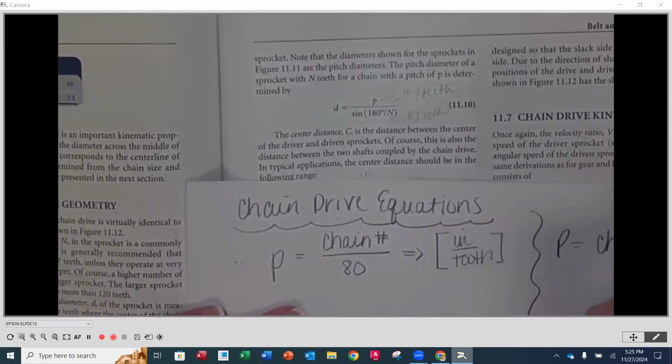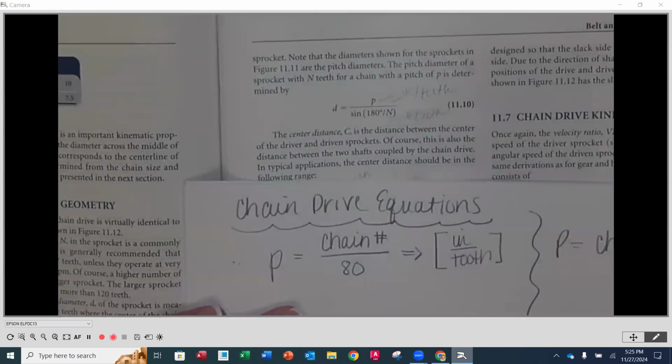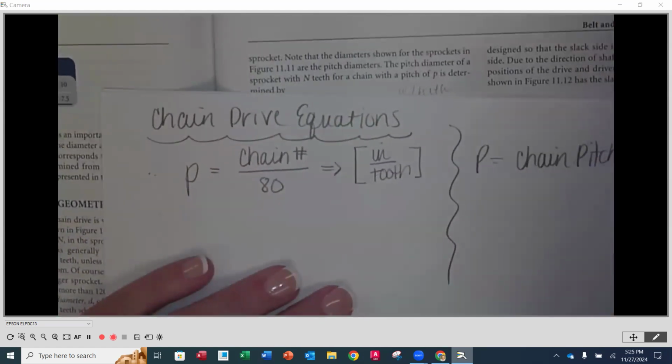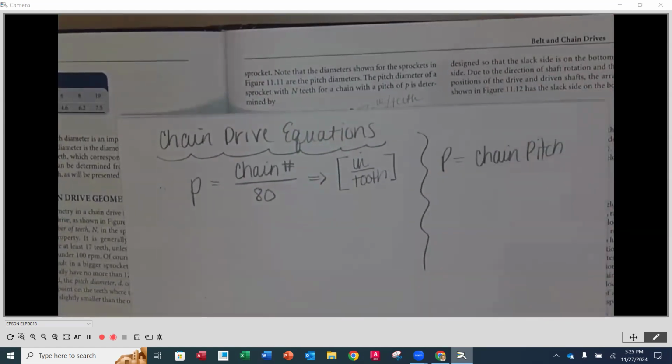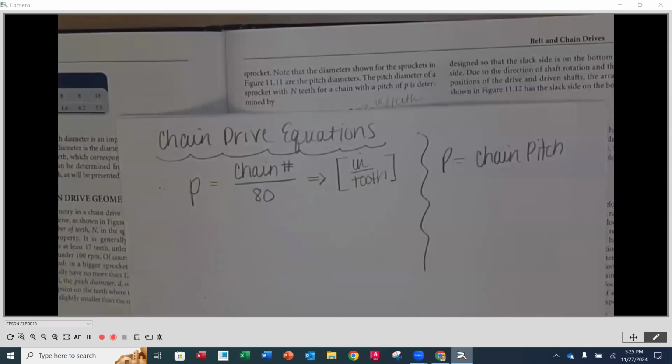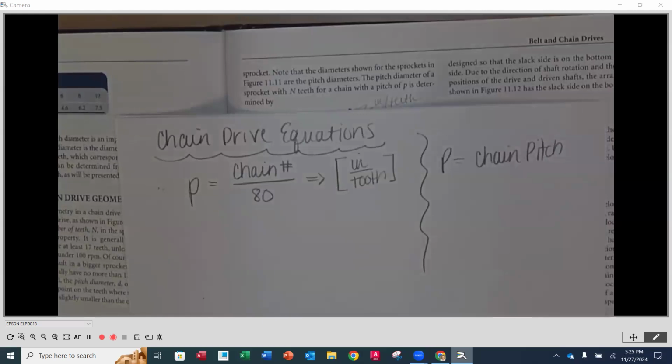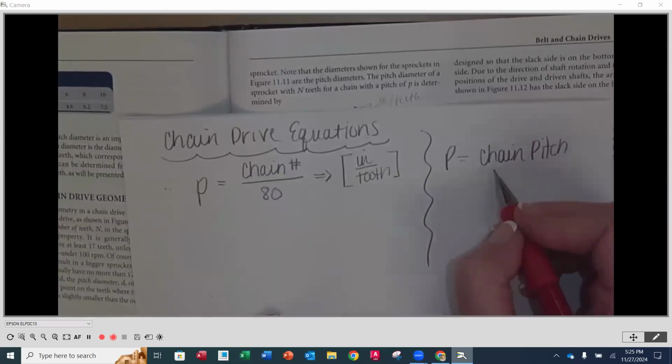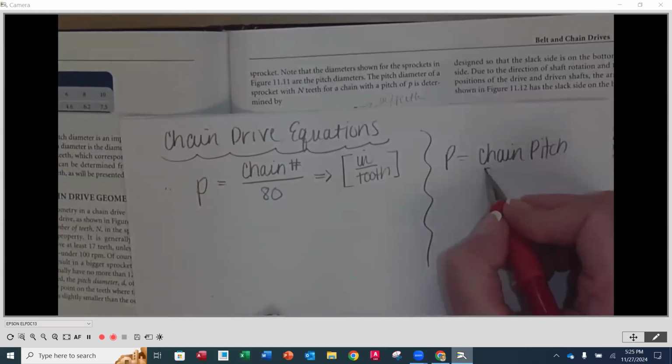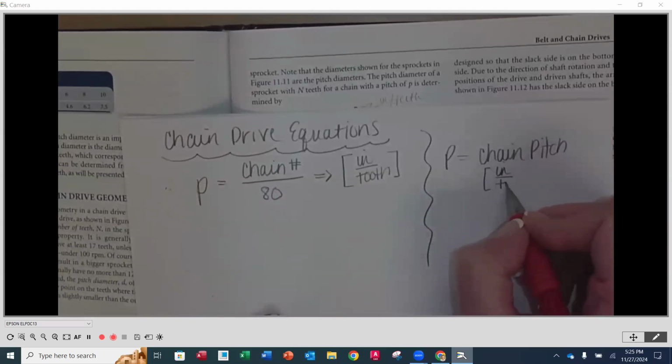P is equal to chain pitch. So chain pitch is going to be specified by a number, but to calculate what the numeric value is for the physical size of the chain, or the physical size of the side plate between those two holes, you're going to express it in inches per tooth.